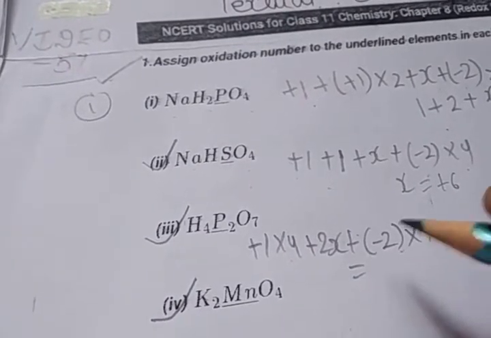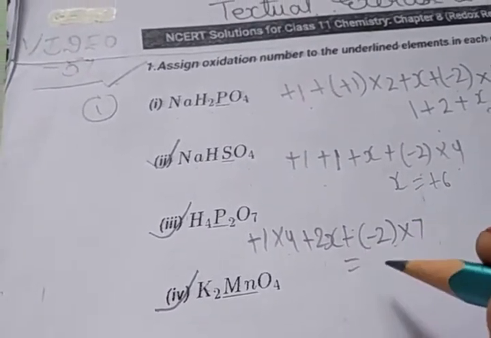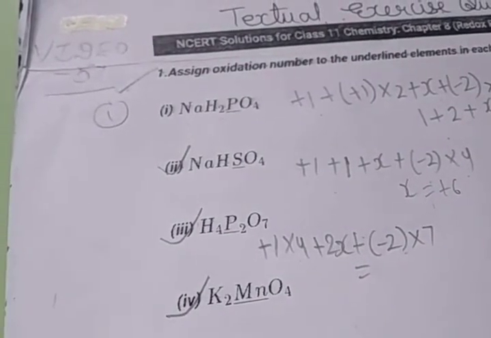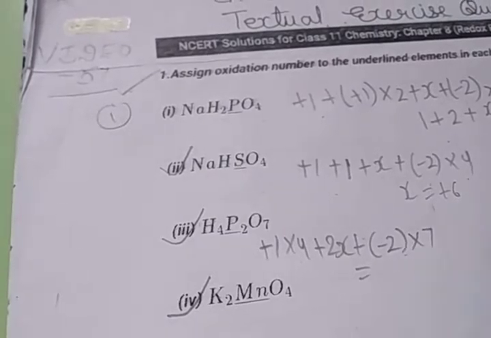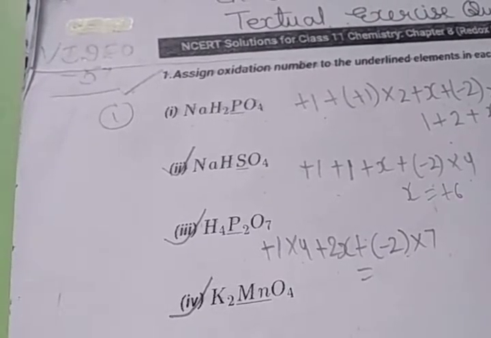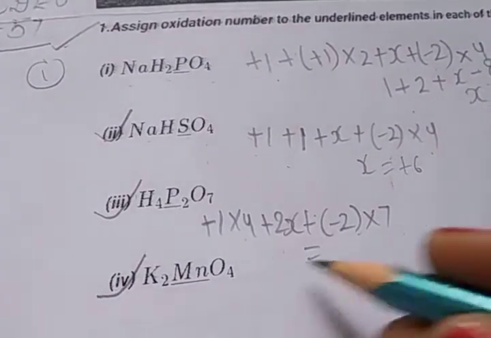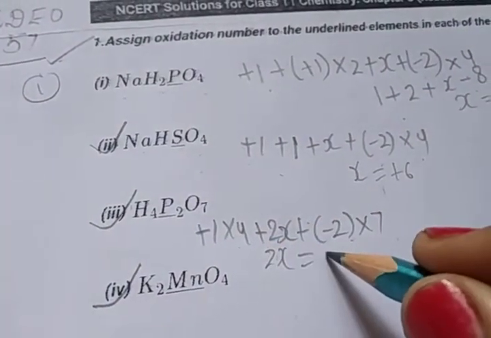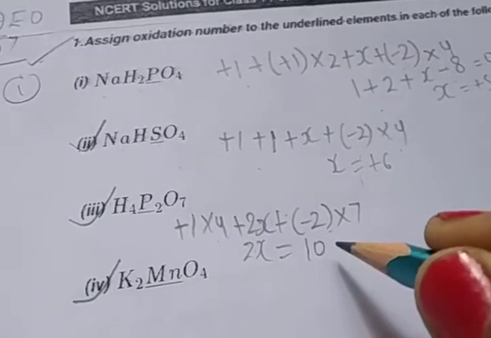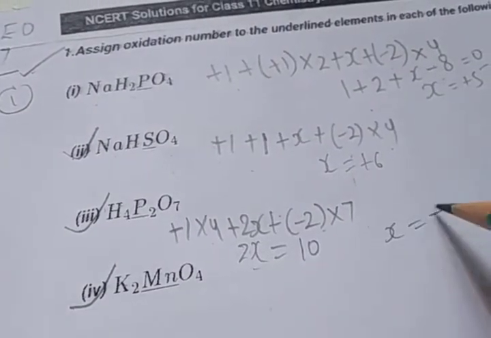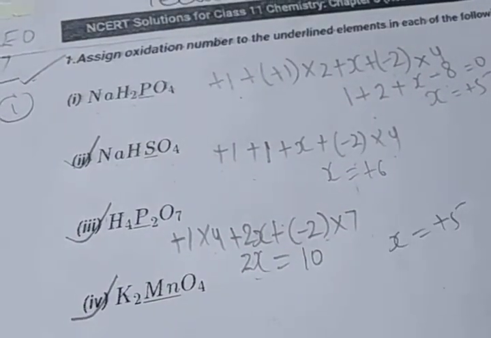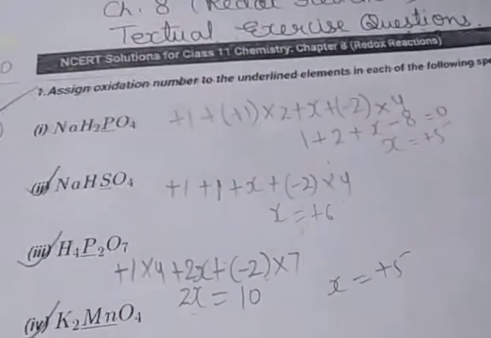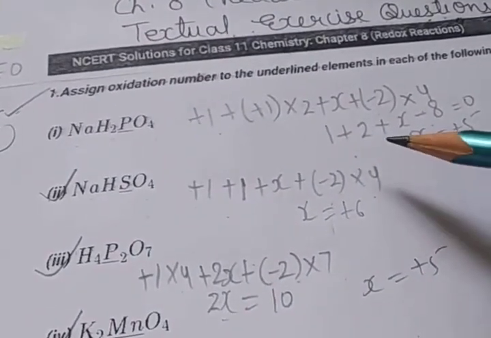So 2x is equal to minus 14 plus 4, minus 10, going to the right hand side, 10. So x is equal to plus 5. This is the way to find the oxidation number.